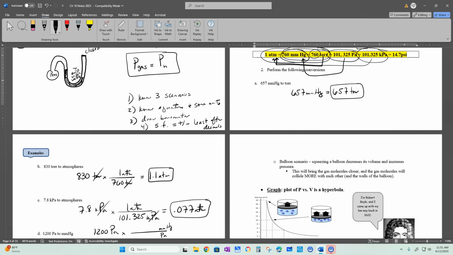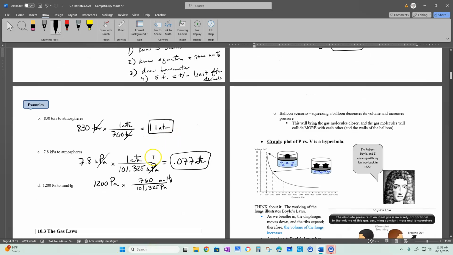Well, Pascal, big number, and mmHg, 760. So you do have to put both values. So I'm going to multiply and divide. So bye-bye Pascal. It looks like I'm going to do 2 sig figs. So plugging this in, I'm going to get 9.0 mmHg.